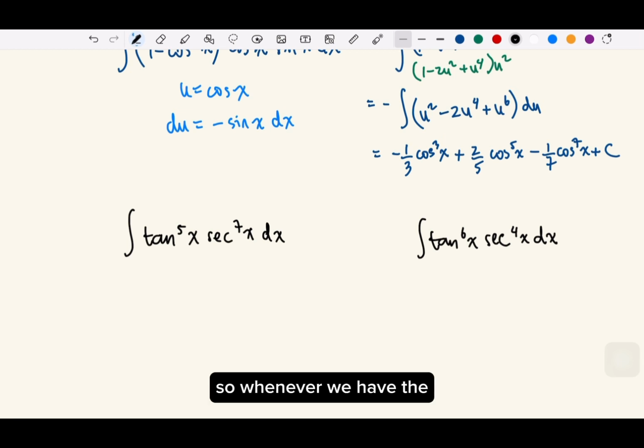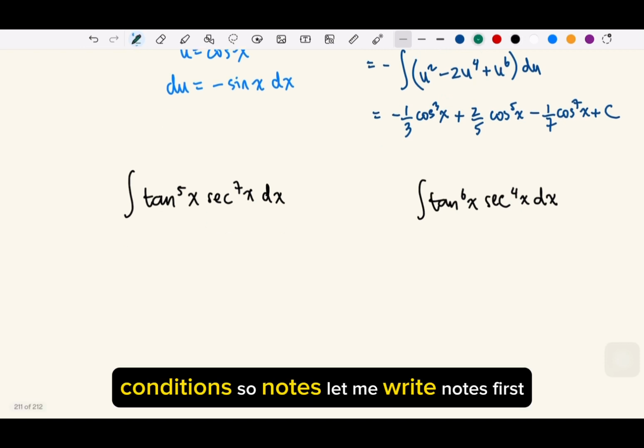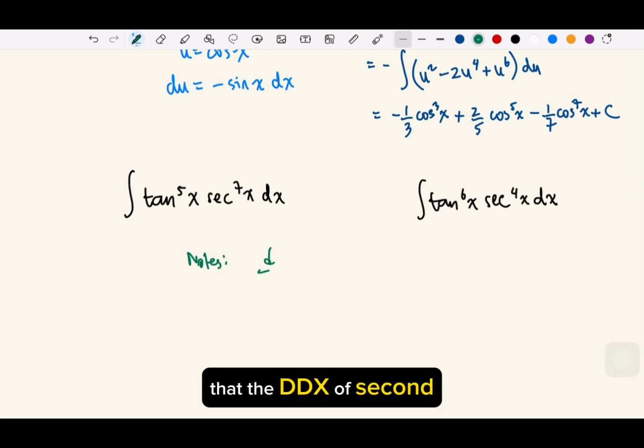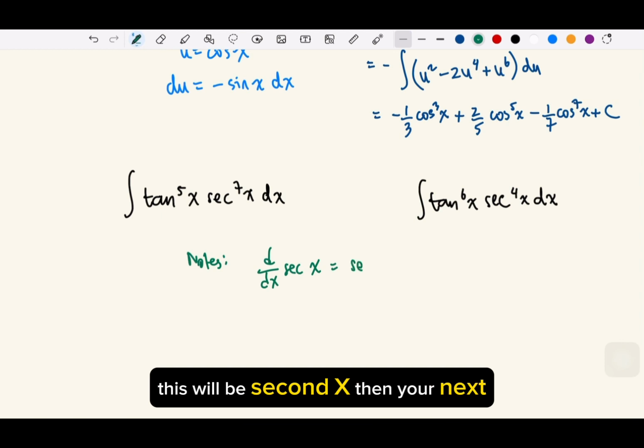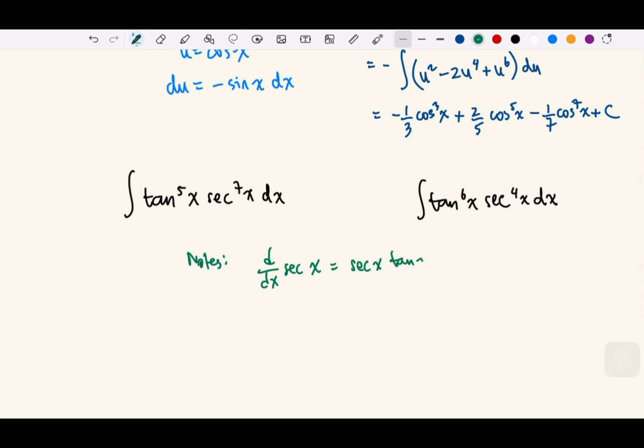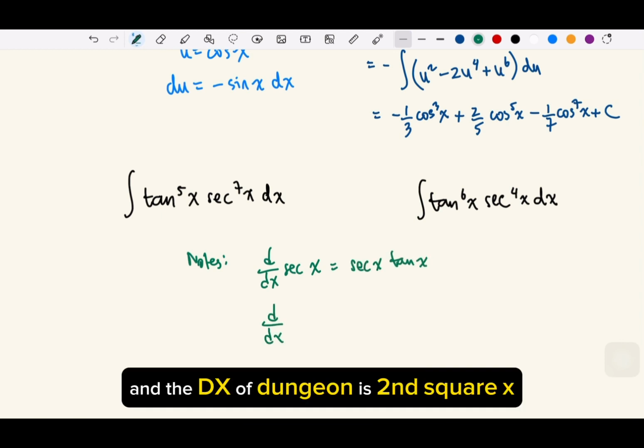Okay. So whenever we have these conditions, let me write notes first: d/dx of secant x will be secant x tangent x, and d/dx of tangent x is secant squared x.